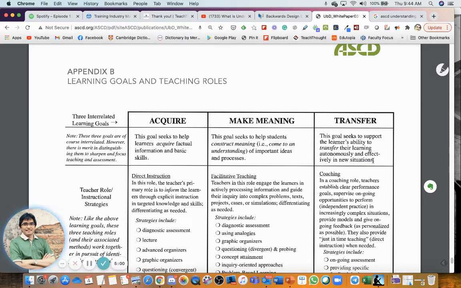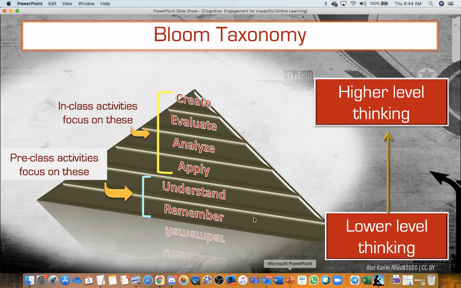This is where they are able to even create something new. We can see quite obviously that in Bloom's taxonomy, it relates to the top 4 levels, which we normally call higher-level or higher-order thinking: apply, analyze, evaluate, and create.